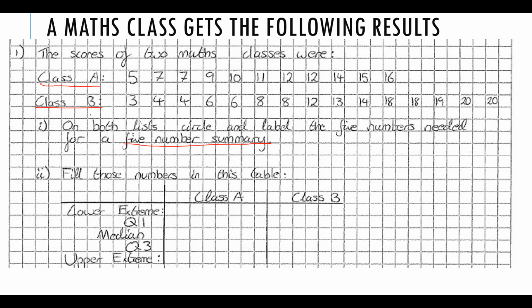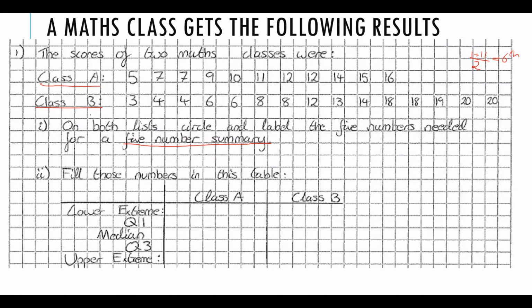If you count the number of pieces of data in Class A, we've got 1, 2, 3, 4, 5, 6, 7, 8, 9, 10, 11 pieces of data. So the position of the data that's the median is halfway between the first and the last piece of data. So the position of the median is 1 plus 11 over 2, so it's the 6th piece of data.